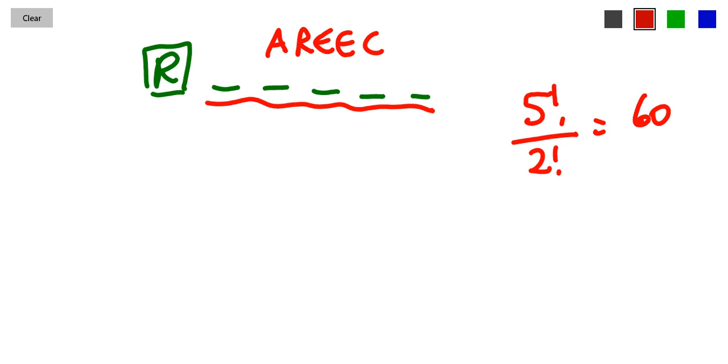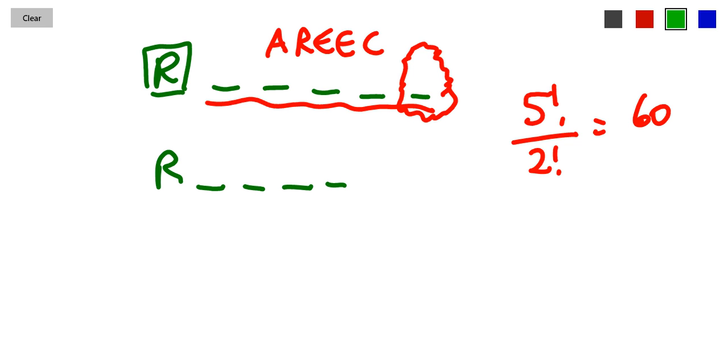But some of those 60 things gave me an R in this position, and I didn't want them. So I'm going to now subtract what happens if I start with an R and I end with an R, because I counted them here, and I don't want them.